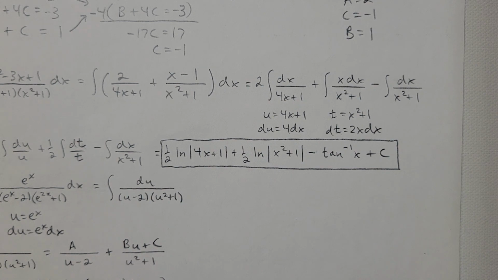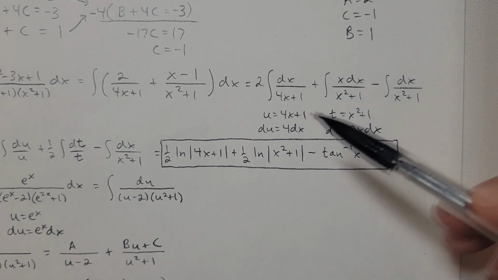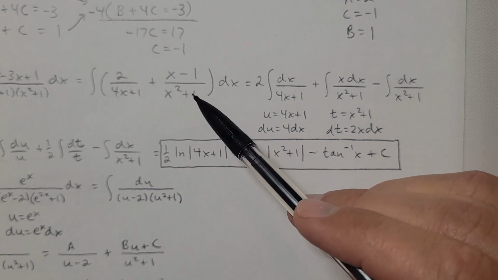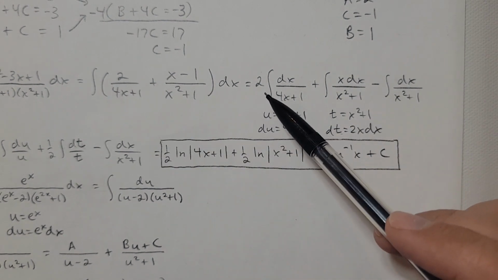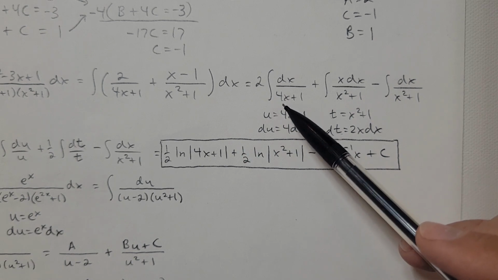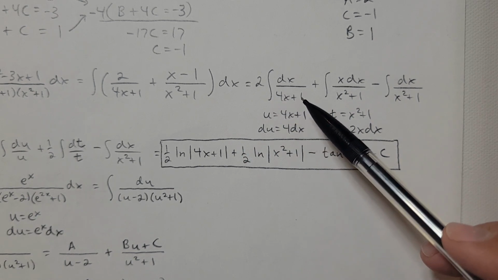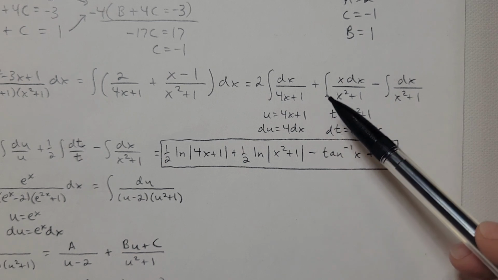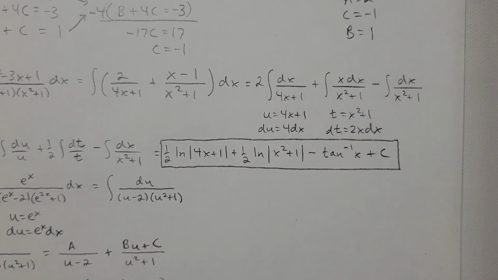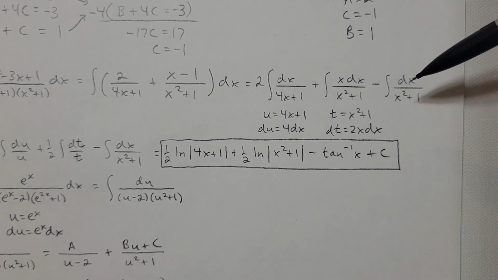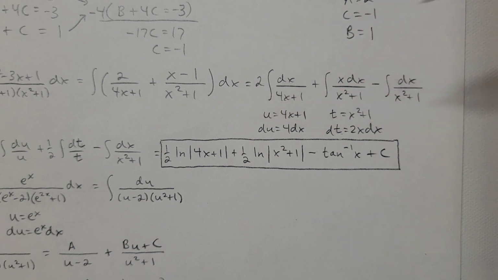The next thing is let's go ahead and split up this fraction here into 2 more fractions. Okay, and also I'll bring out the 2 that's a constant in the first integral. So the next line I'm going to have 2 times the integral of 1 divided by 4x plus 1, plus the integral of x divided by x squared plus 1, minus the integral of 1 divided by x squared plus 1. Okay?